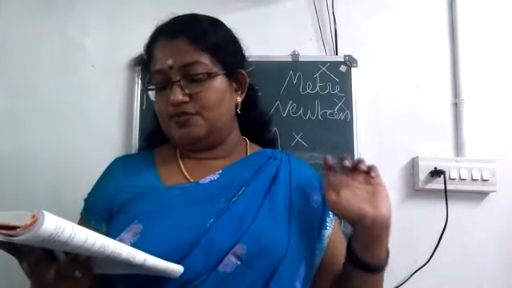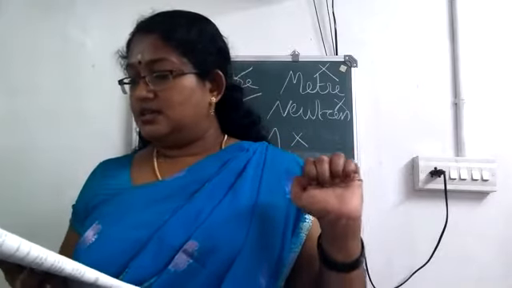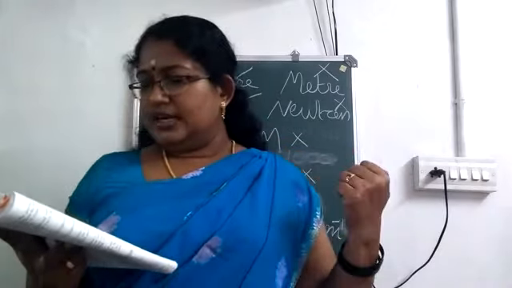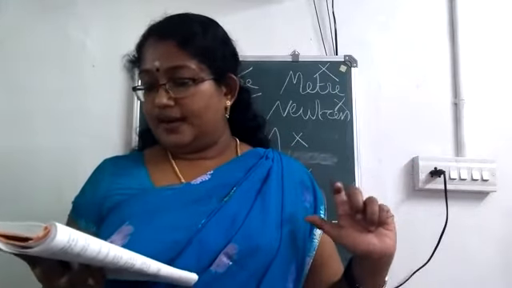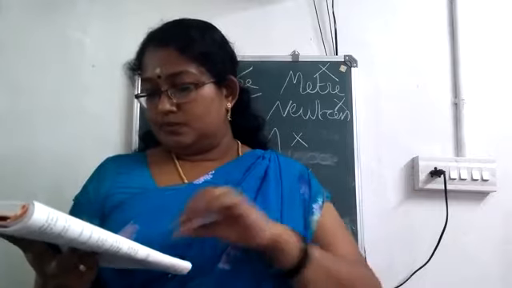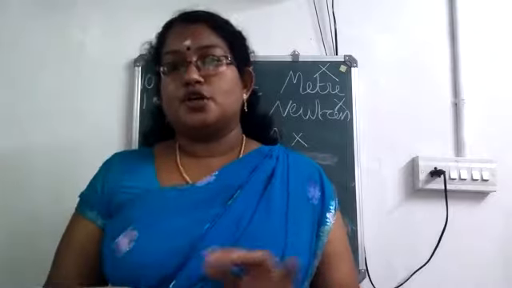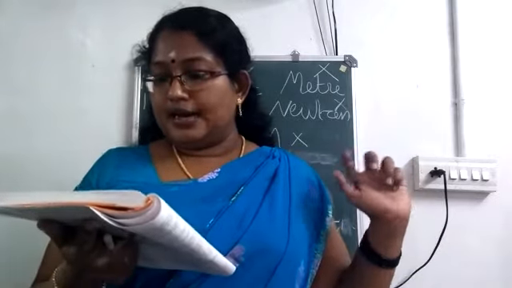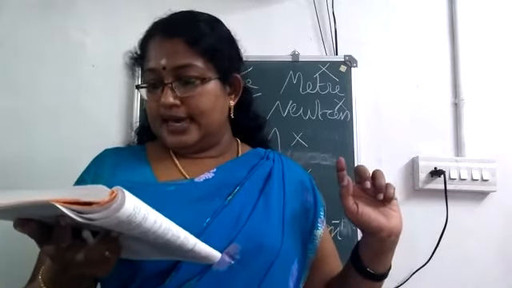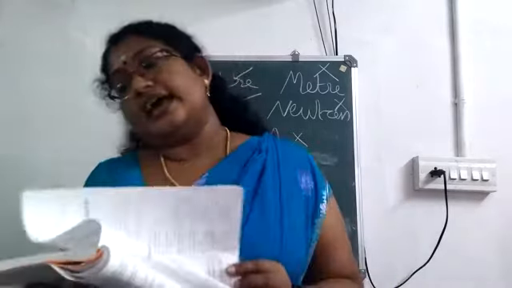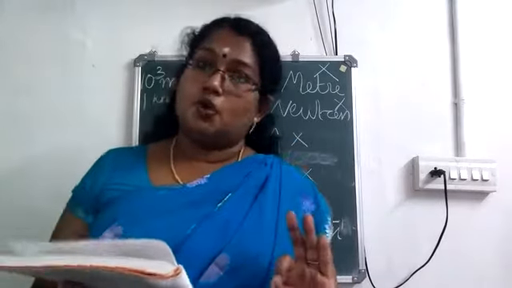Question number 14, 15, 16, 17, 18, 19, 20, 21. Then no need to write 22, 23, 24. Okay, till 24. So is it clear? I don't want question number 22, then 25, 26, 27 and 28. Rest all the question answers should be copied into your notebook.